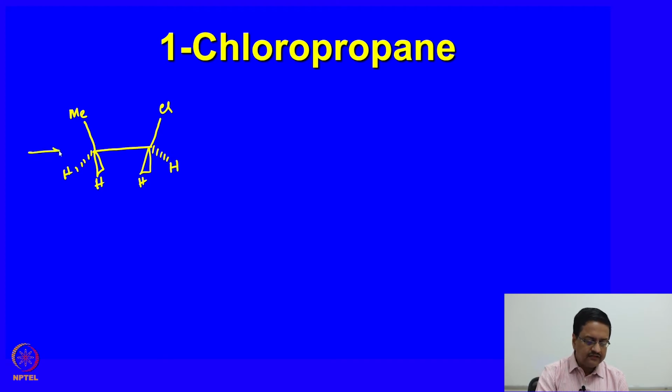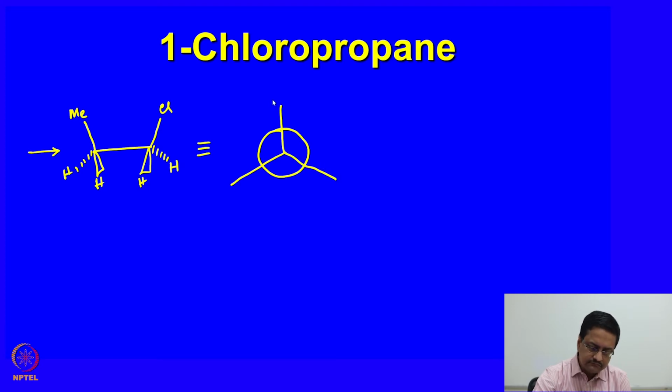If you look at this molecule from this particular side and try to draw the Newman projection, it should look like this. Here you see methyl and chlorine are eclipsed, whereas the other hydrogens are eclipsed.